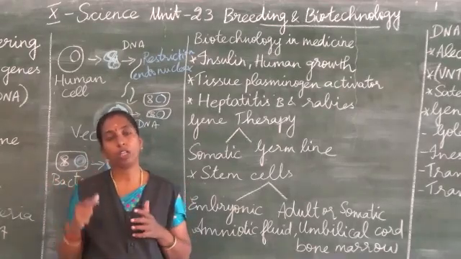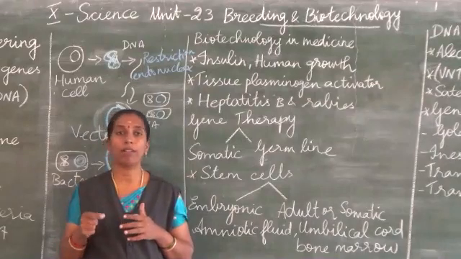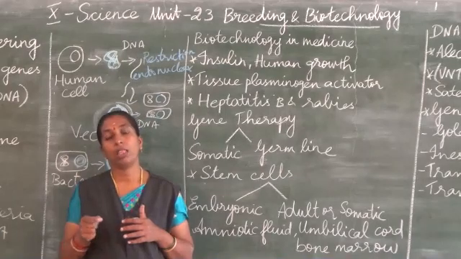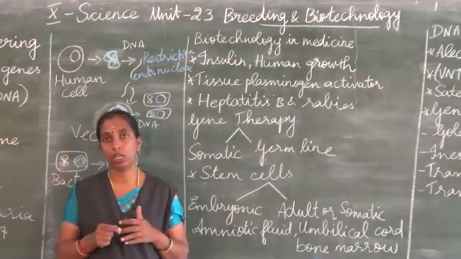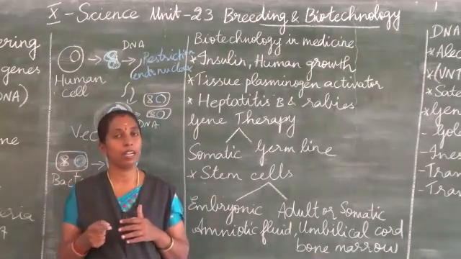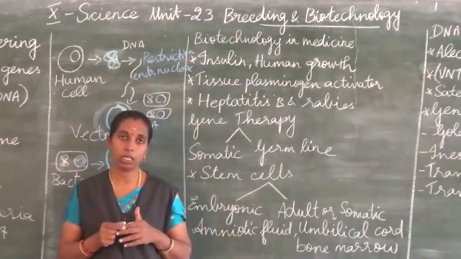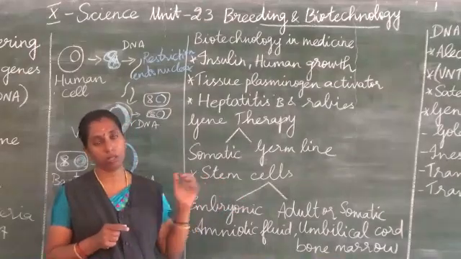Such a neurological problem is called Parkinson's disease. Then Alzheimer's disease is also a neurological disease. So mental retardation will be there. So Alzheimer's dementia, for such a neurological disease stem cell therapy is used.